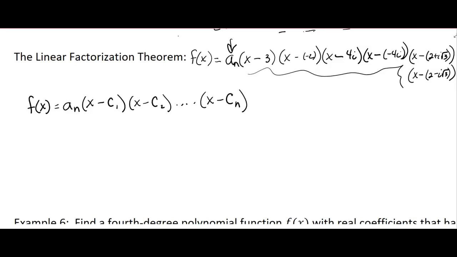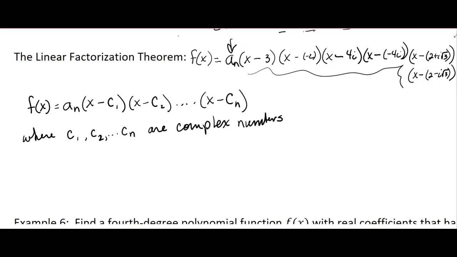You could write it like that. And it's where c sub 1, c sub 2, up to c sub n are complex numbers. Doesn't mean they're necessarily not real. They could be real. Some might be real, some might not be real.